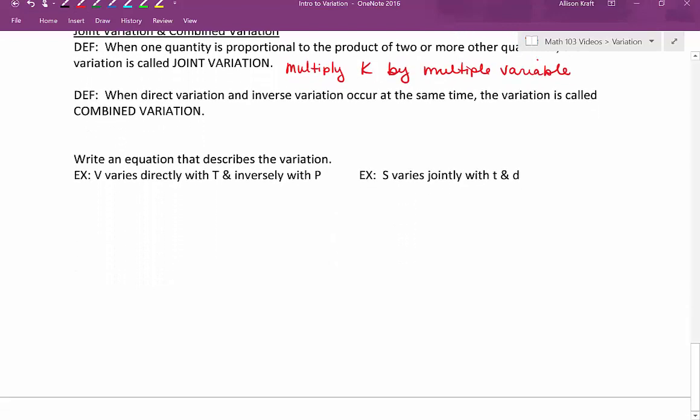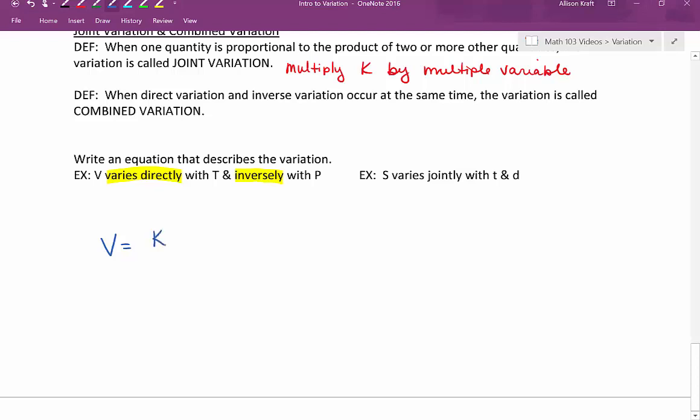So let's write the equation that describes each variation. V varies directly with t and inversely with p. So this is going to be a combined variation because it says varies directly and varies inversely. There is only one k that's going to show up though. V equals, that's how we're going to start because that's the variable that came before our varies directly and inversely.